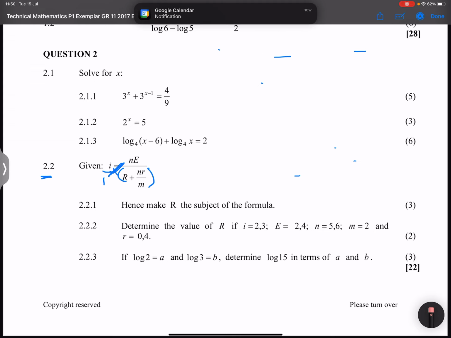All right, so on the next question, they say to you, determine the value of R if you've got all of these values. I is 2.3, E is 2.4, N. So all we need to do is just substitute into that. So I'm just going to make R the subject of the formula again according to the first method.